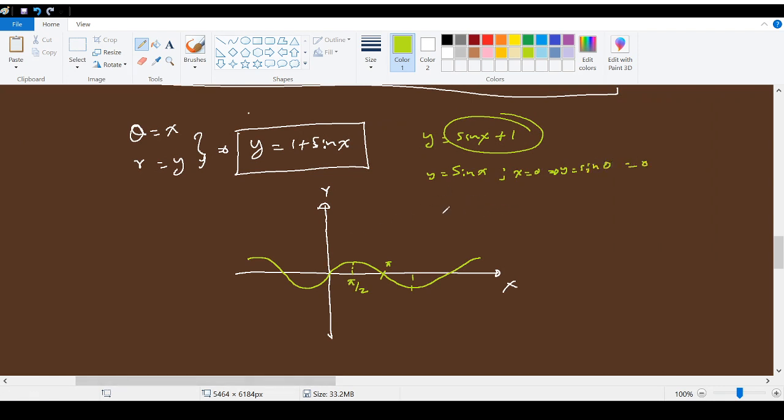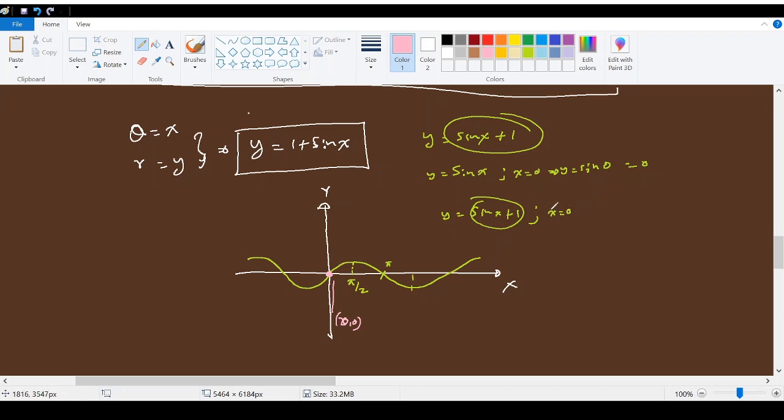But if it is sin x plus 1, what will be the value at the same point? Now this point is plotted in here. When x is equal to 0, y is equal to 0. That is the 0, 0 point. Now remember we are in the Cartesian system.